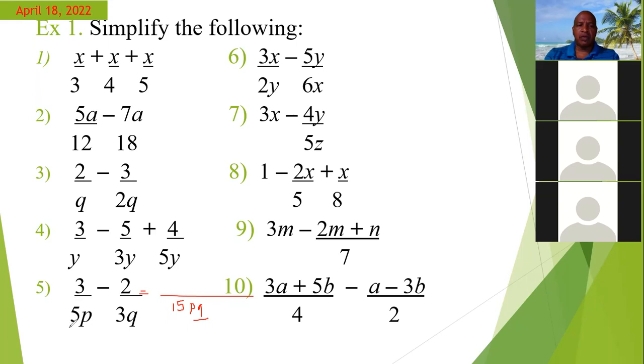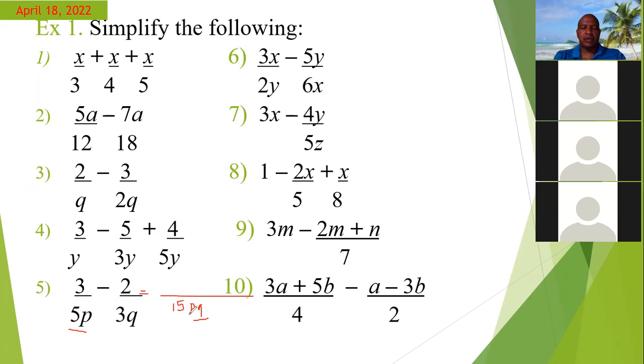So now, what do we do to this 5P to get 15PQ? So you multiply it by 3. Only 3? What did I do to this 5P to get 15PQ? Multiplied by 3Q. All right, so that means the numerator must be multiplied by 3Q.